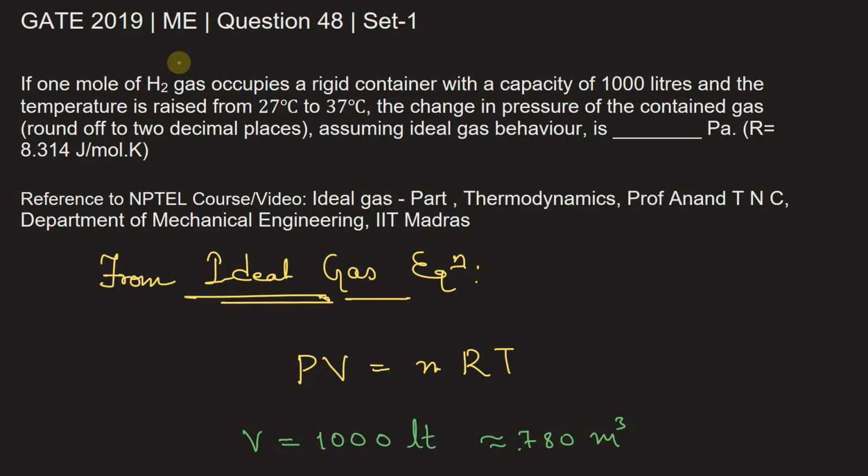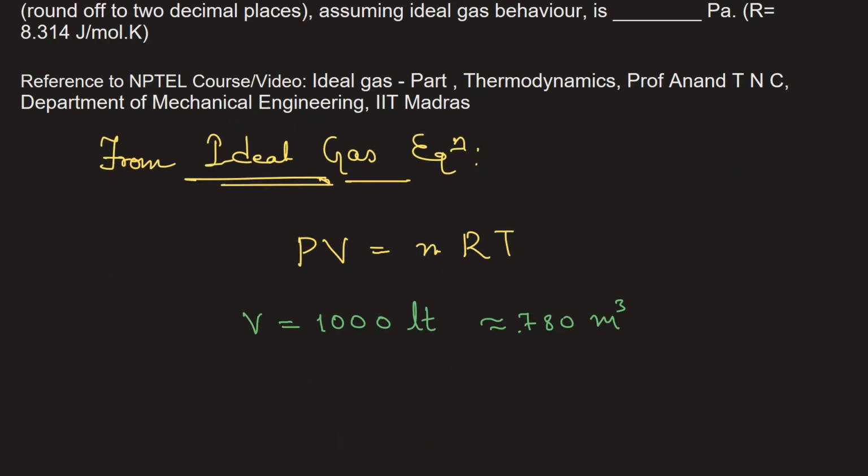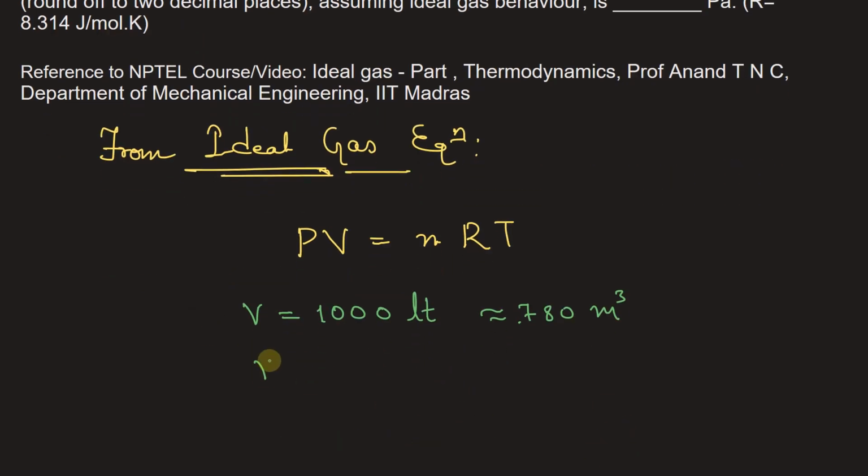Since in the problem the volume of hydrogen gas is not given, we will assume that 1000 liter is equal to 1 meter cube. If this value was given in the problem, you would use that value only.